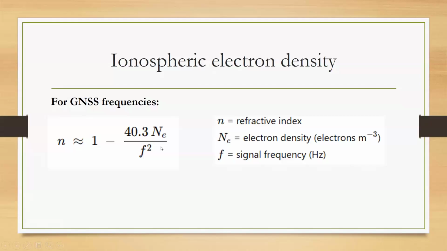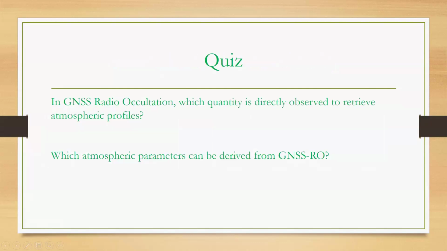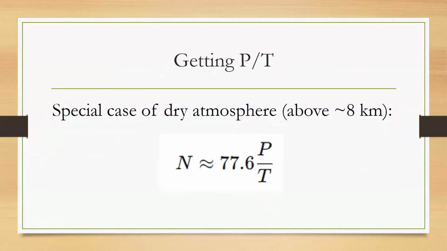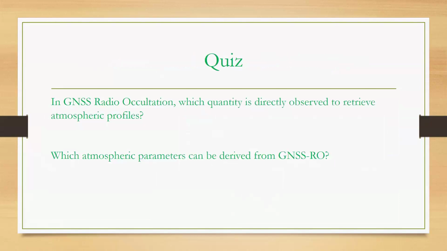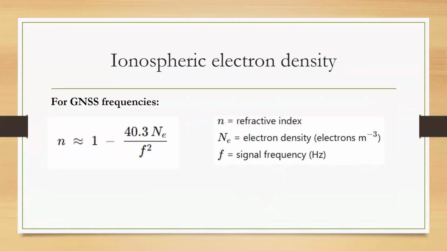Then, using this equation, we know, for example, the frequency of the GNSS signal, and then we can estimate N_e, which is the electron density. So that is the principle and the way we normally measure these four parameters, including ionospheric electron density. Any question at this point before I ask mine?